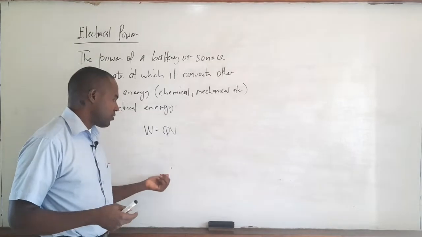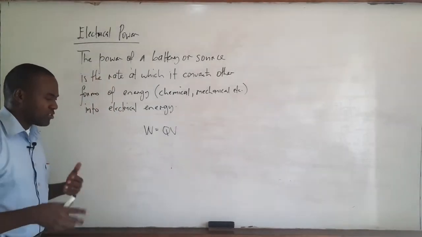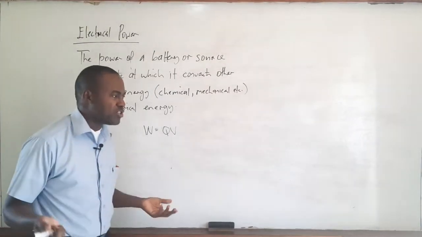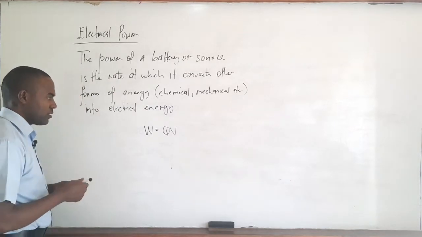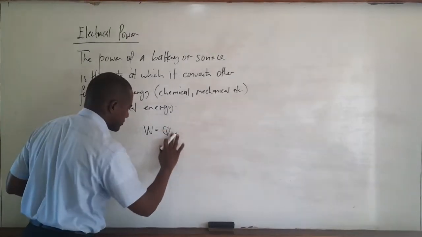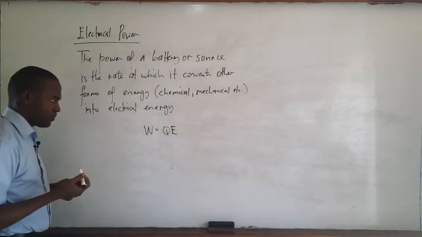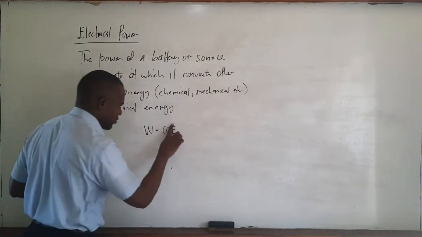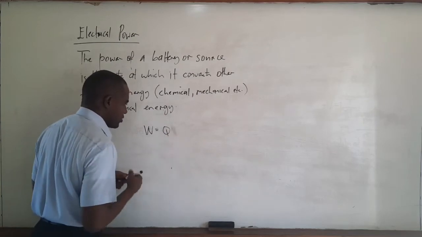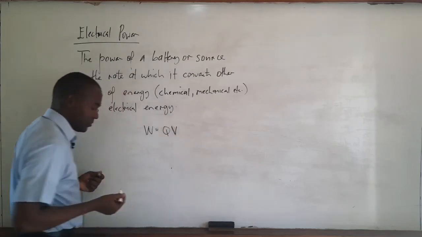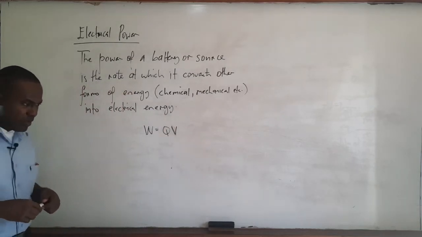But if you're simply calculating power, you can just use the symbols interchangeably. So let's just work with V. So W is equal to QV.